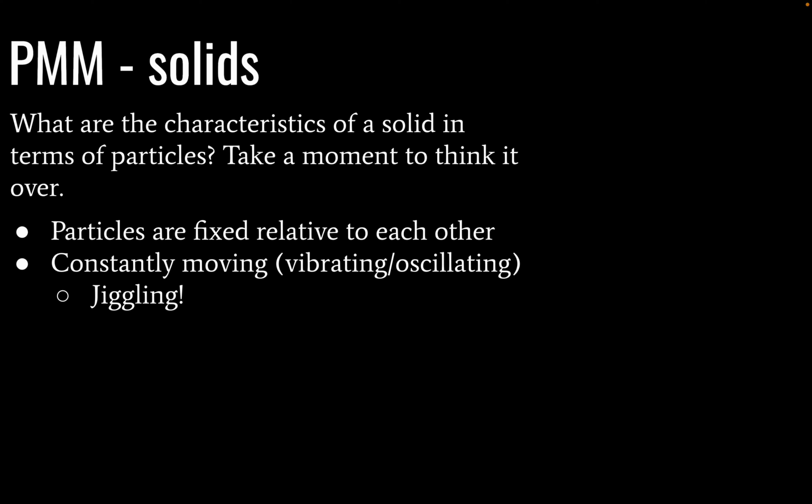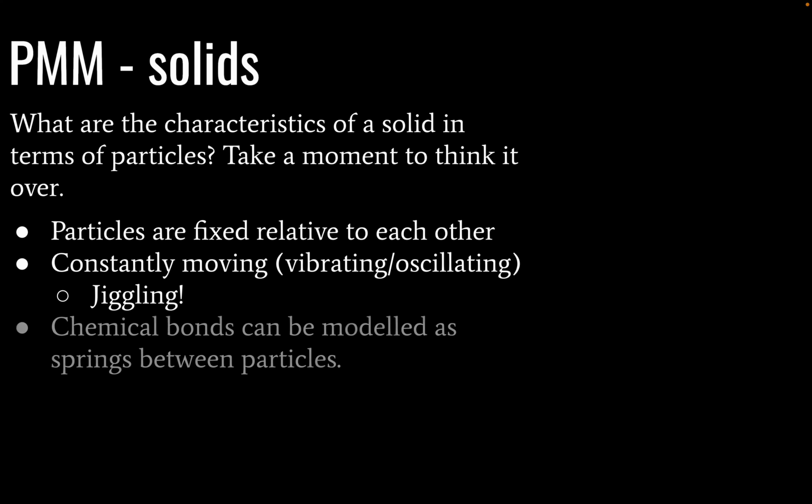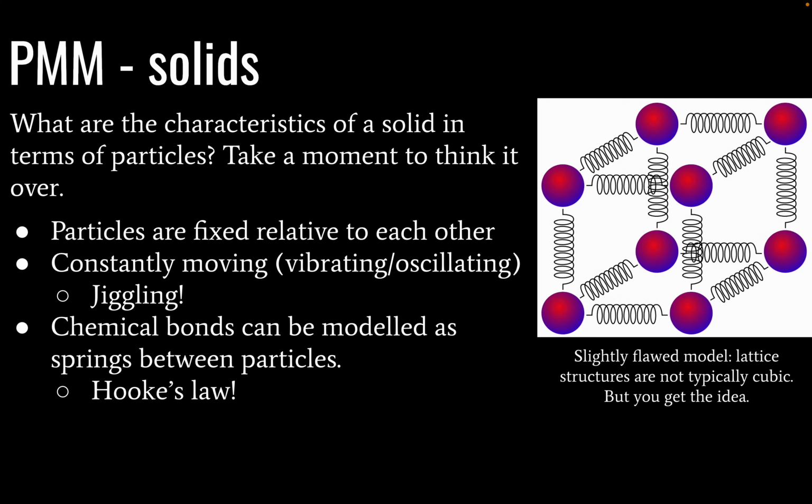Richard Feynman referred to this as jiggling, which is not a bad way to think about it. Chemical bonds can be modeled as springs between particles. And that means that you can actually use Hooke's law to model these forces acting between particles, which is pretty cool.